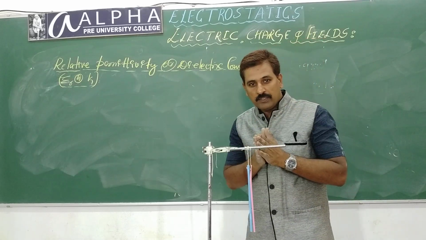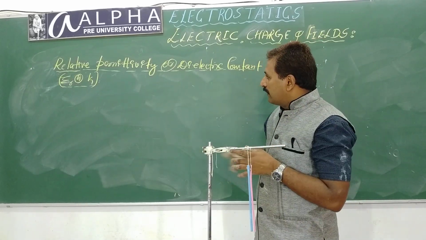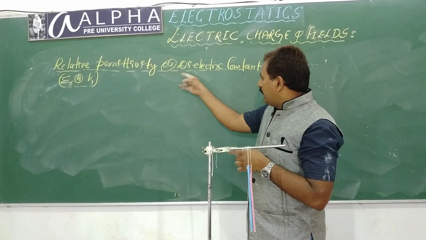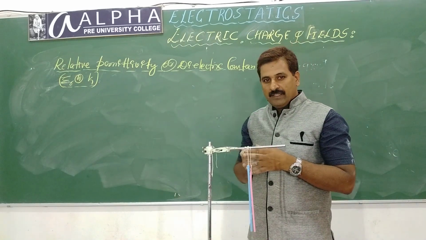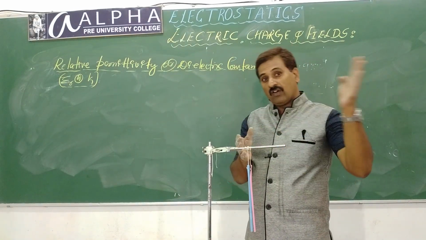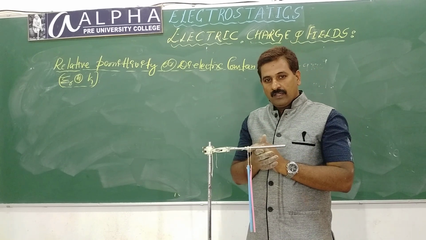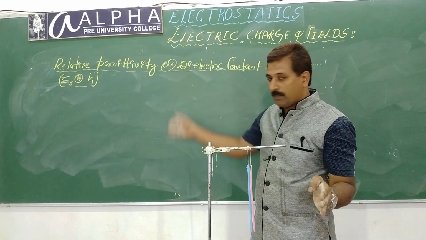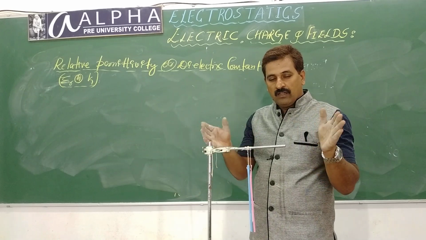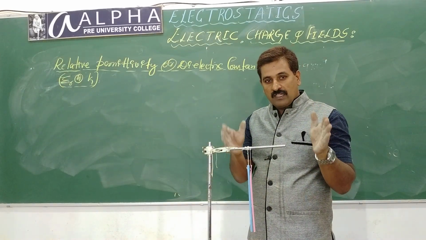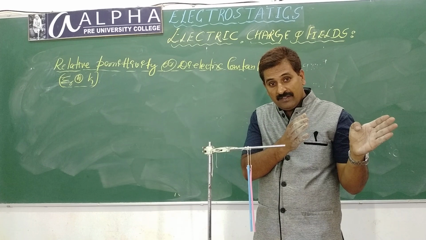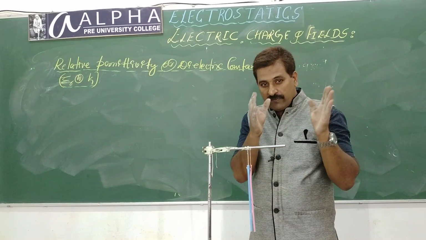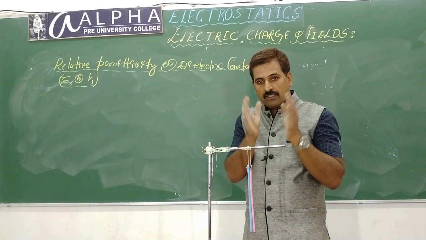Now it is time to introduce another new idea, that is relative permittivity or dielectric constant. Actually, it has been discussed later on in our NCERT book, in the same topic, Coulomb's law and unit of charge. Towards the end, he says the electric force is affected by the medium, and there is a constant for that.